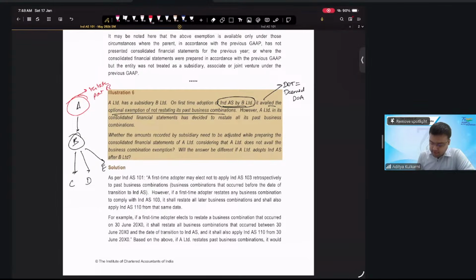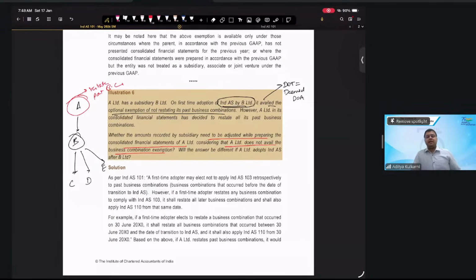Restate past business combinations. Now, whether the amounts recorded by subsidiary need to be adjusted while preparing consolidated financial statements of A, considering that A does not avail the business combination exemption.